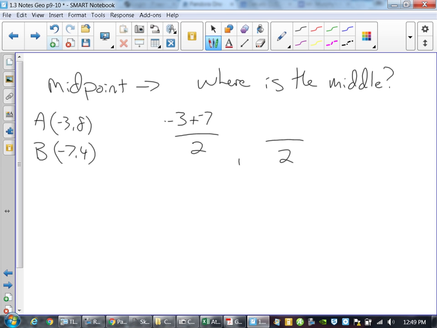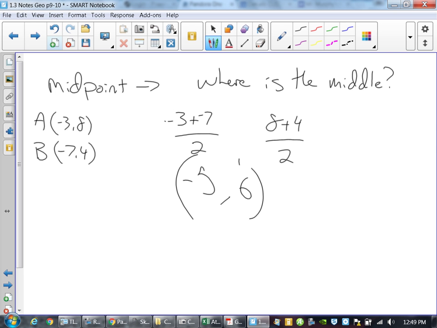It's -10. So what's half of -10? -5. You do the same thing with the 8 and the 4. What's 8 and 4? 12. What's half of 12? 6. There's your ordered pair.